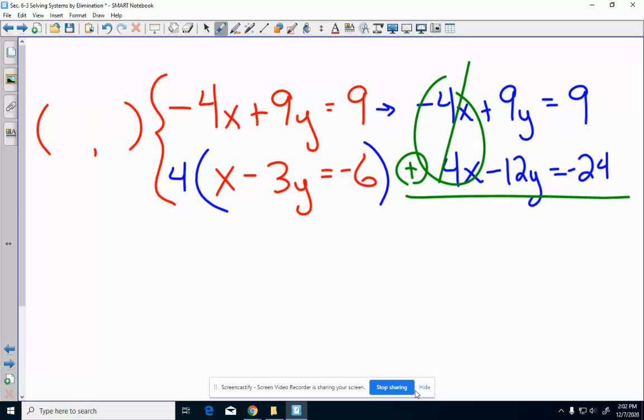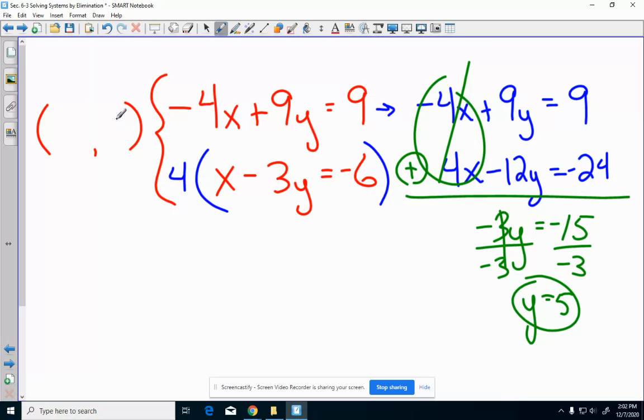So looking at my y values, a positive 9 added to a negative 12 is negative 3. And a positive 9 added to a negative 24 leaves me with a negative 15. So at this point, if I divide both sides by negative 3, I get y is equal to 5. So over here, I know half my answer is 5.